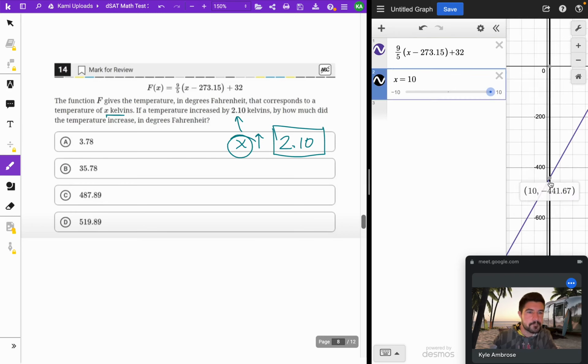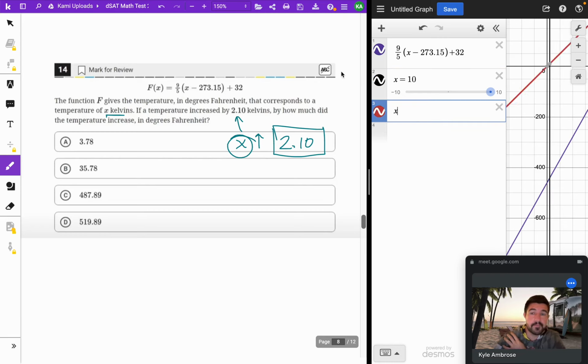So when x is 10 kelvins, the Fahrenheit temperature would be negative 441.67. Now let's see what happens if I increase x by 2.10 kelvins, which would make it not 10, but 12.10, right? I increased it by 2.10. And what is my new value?